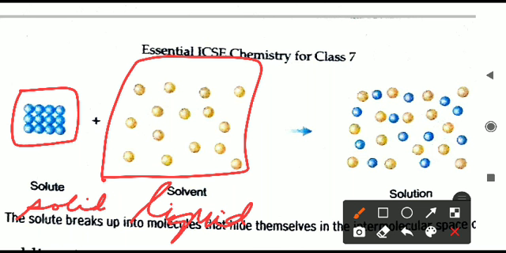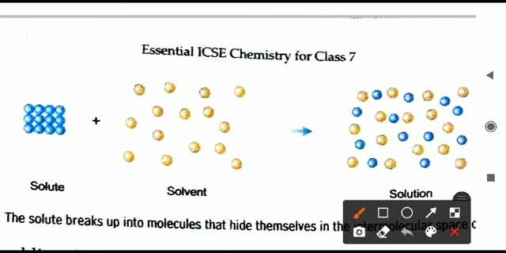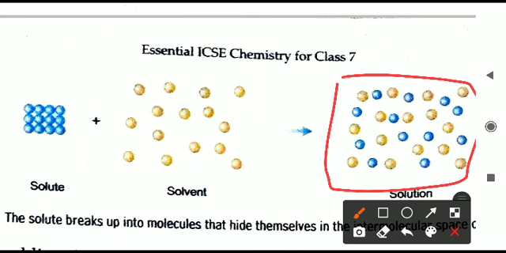When we are mixing both of these, what will happen? These particles will occupy the intermolecular space. Whatever space is available in between the liquid molecules, this space only will be occupied by the solid particles. Here you can see in the last diagram, the blue dots are of the solid.